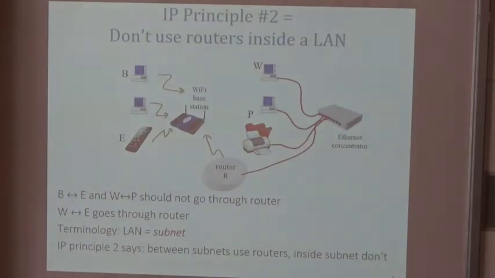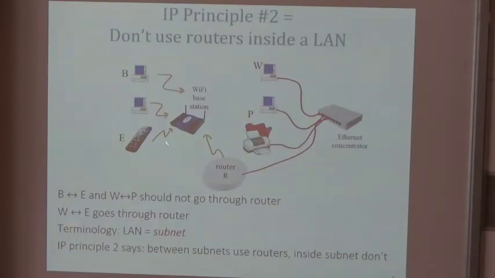Second principle that we have seen already, at least in a form, is that IP is aware of local area networks. And as I mentioned already, it's why there is the Internet protocol, not the net. It's not NP, it's IP. So IP views the world as a connection of local area networks.